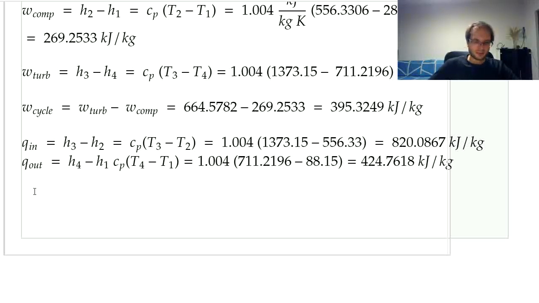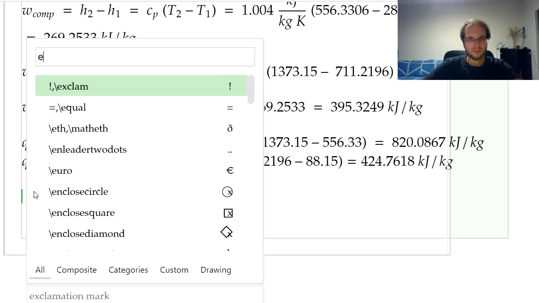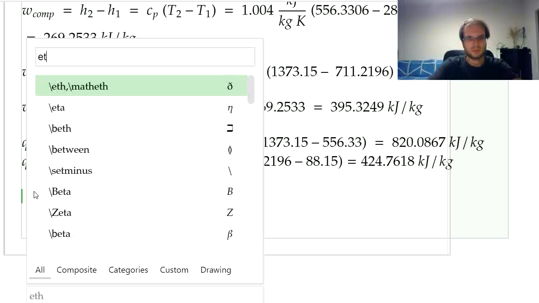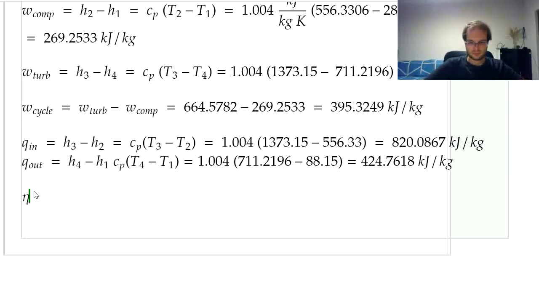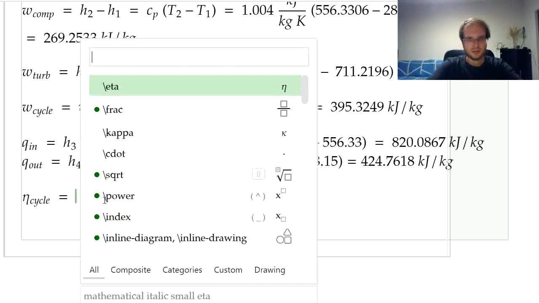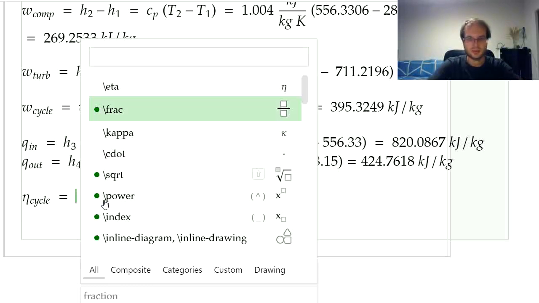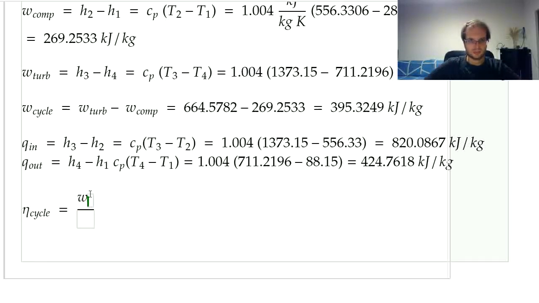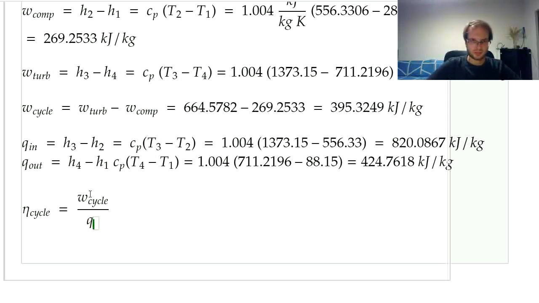Now we can calculate the efficiency of the cycle. Which can be calculated as the work of the cycle divided by heat input.